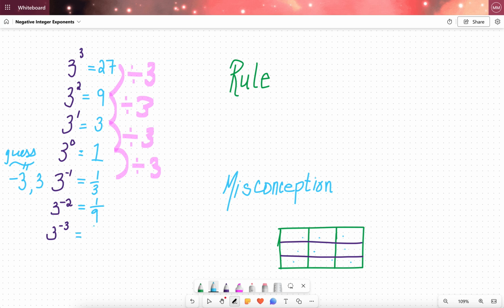And then 3 to the negative third, well, that's if I have to divide all of this again into 3s, which I could. There's 3s, there's 3s, and there's 3s. I get down to 1/27th.